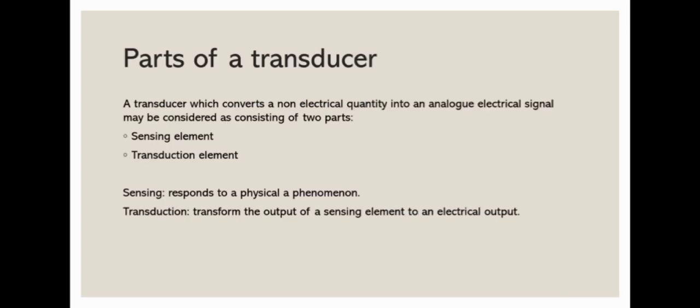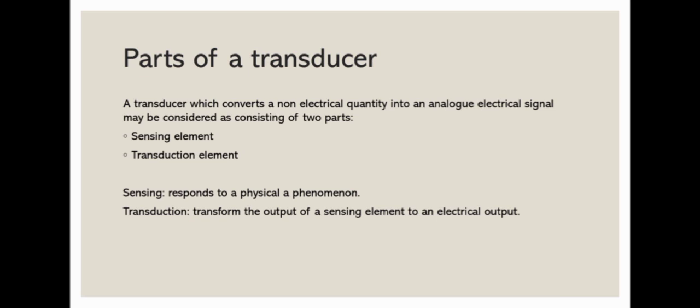A transducer which converts a non-electrical quantity into an analog electrical signal may be considered as consisting of two parts. That is, we are looking at the parts of a transducer. The two different parts are the sensing element and the transduction element.